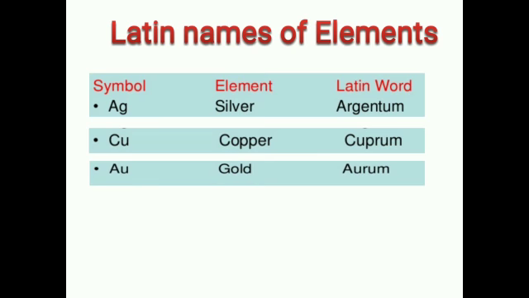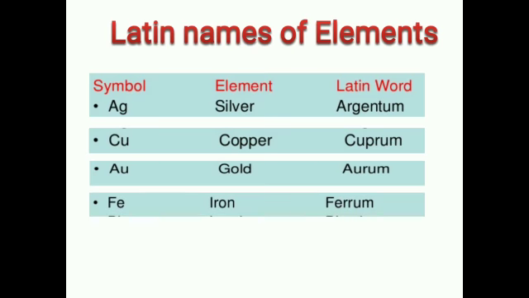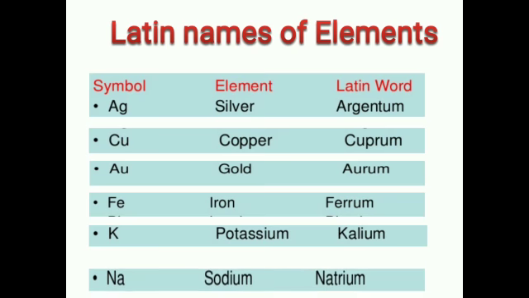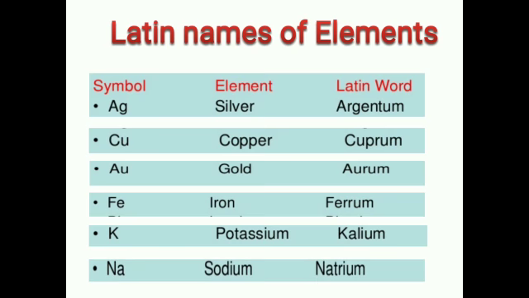And Au is the symbol of gold, and aurum is the Latin name of gold, and Fe is the symbol of the element iron, and ferrum is the Latin name of iron. K for potassium, and the Latin name of potassium is kalium, and Na is the symbol of sodium, and natrium is the Latin word for sodium.